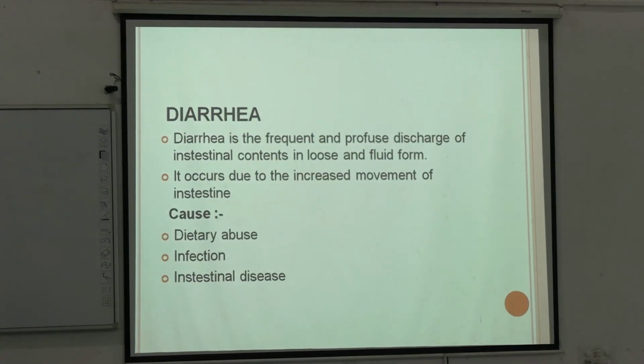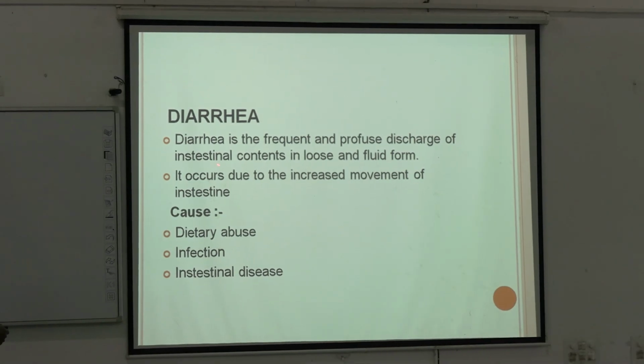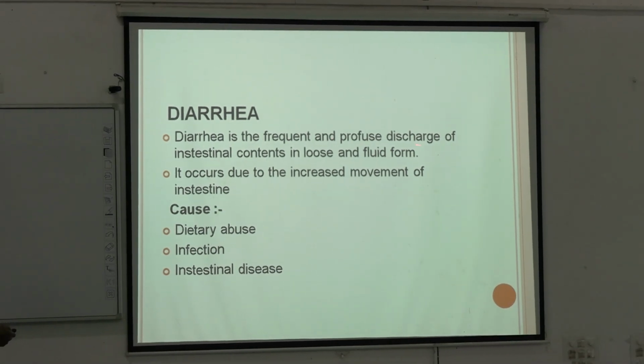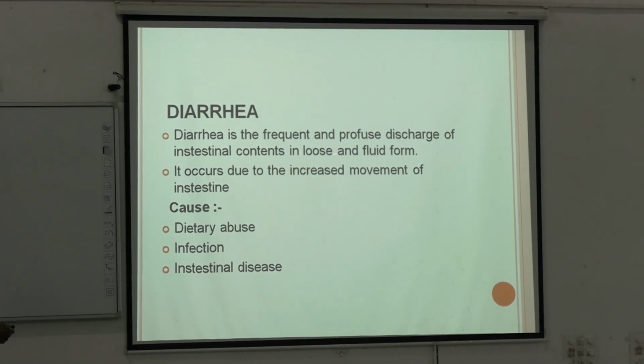Next. Now, diarrhea. Diarrhea is the frequent and profuse discharge of intestinal content in loose and fluid form. It occurs due to increased movement of the intestine, caused by dietary abuse, infection, intestinal diseases. Now, dietary abuse.